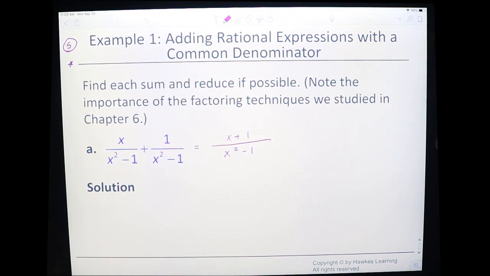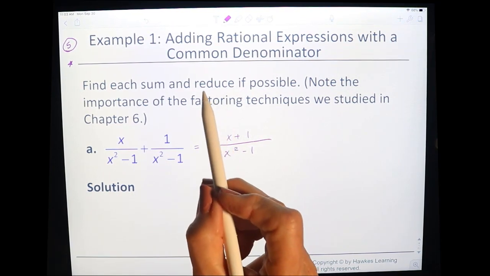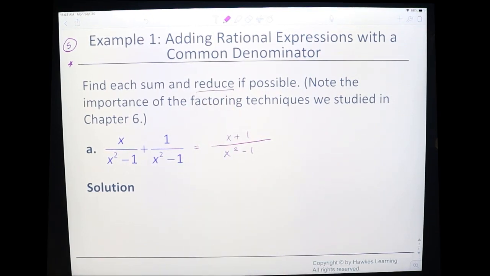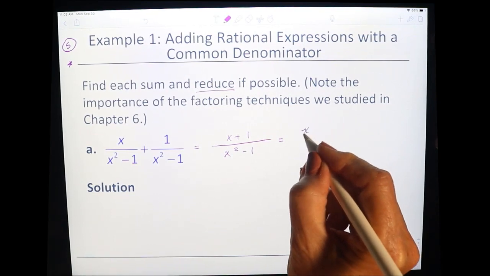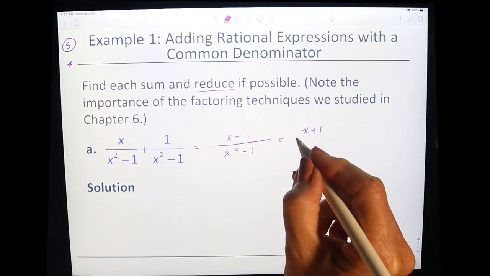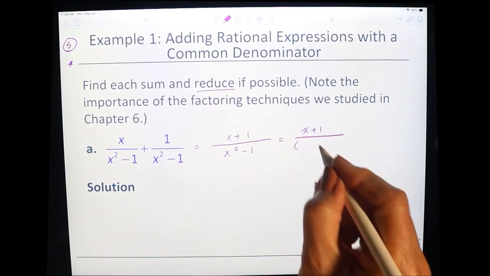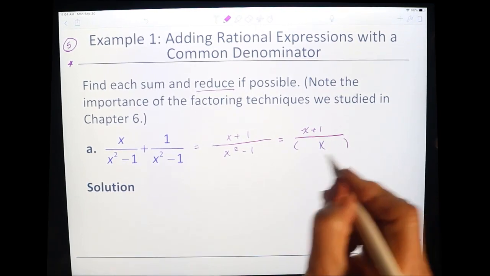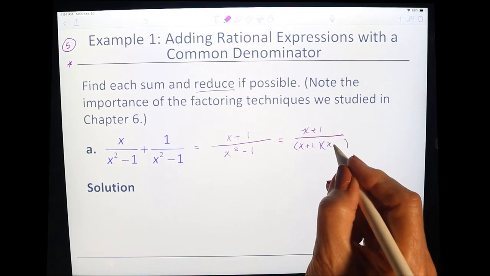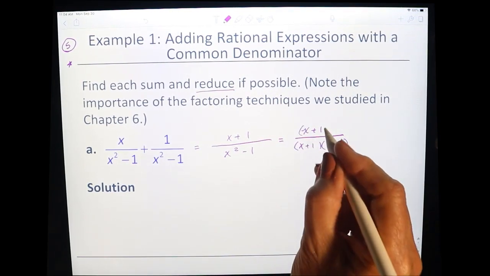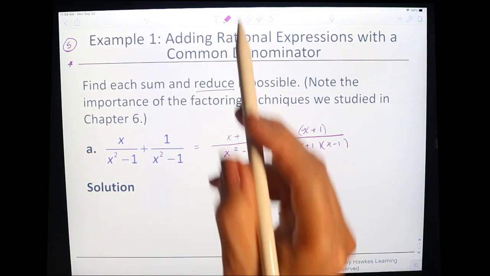So at that stage, we've combined the p and the r, and we've kept the common q in the denominator. Now remember, we talked about simplifying or reducing if possible, and this particular one will reduce. The way you reduce is you factor anything in a numerator or denominator that will factor, and of course the numerator is prime. But the denominator is factorable.